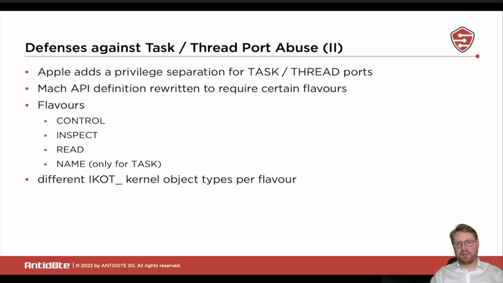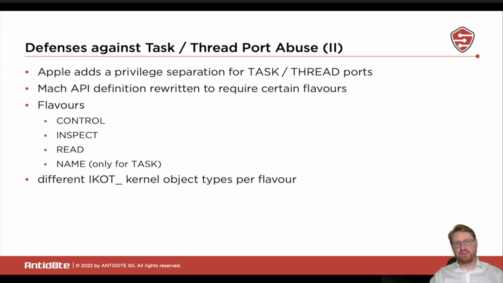There's no IKOT thread name. And the idea is now that depending on the API, you need to have access to one of those kinds of kernel objects. And of course, a higher object could be downgraded to a lower one, but the lower one could not be upgraded to a higher one. And so you can ensure that if someone has a task inspect port, they cannot actually use an API that requires a task control port.